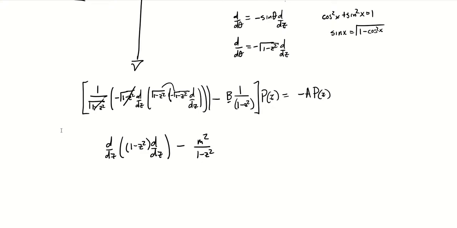And if we wanted to, we can bring this over to the other side. So then this would be plus a, all operating on P of z equals 0.